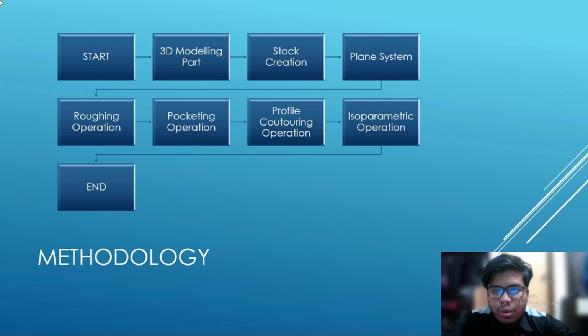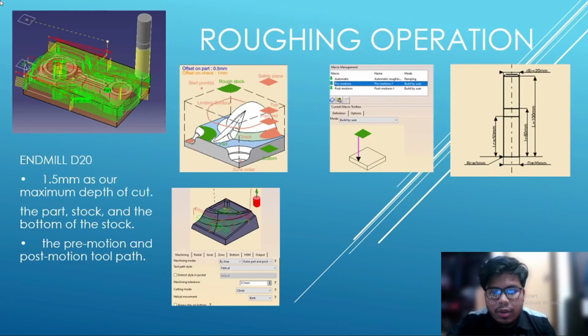Lastly, the part is ready to go through machining operations such as roughing, pocketing, profile contouring, and isoparametric, which I will explain later on. For the roughing operation, we chose end mill D20 as our cutting tool. We set up the machining strategy, with 1.5 mm as our maximum cut.